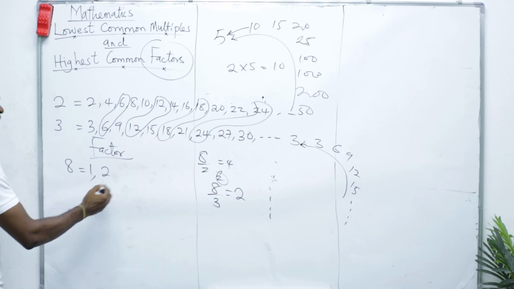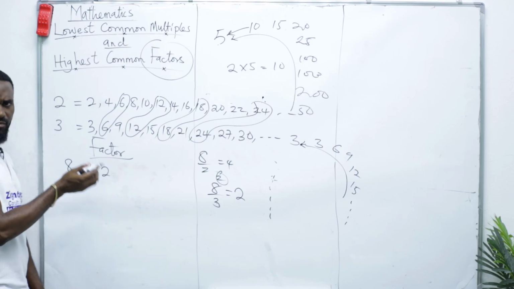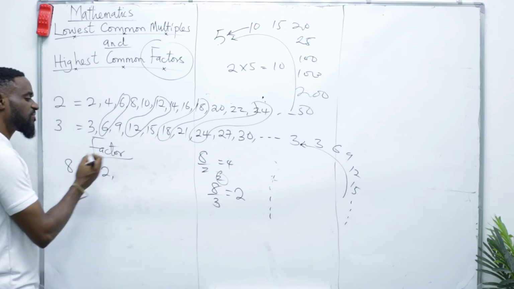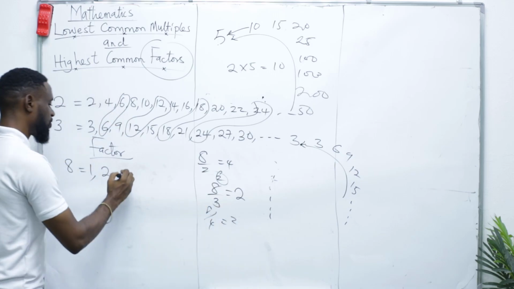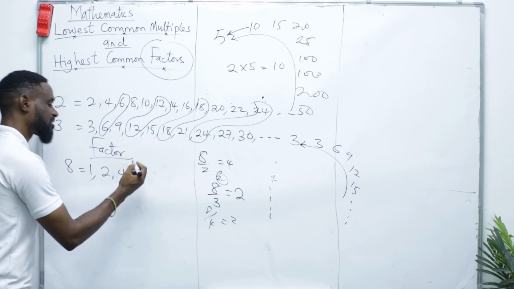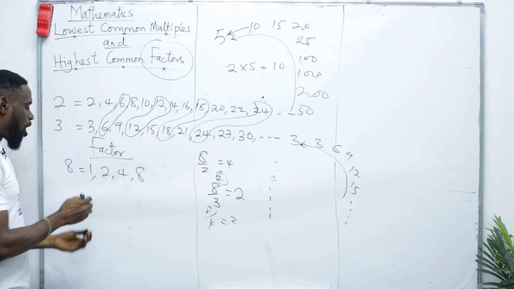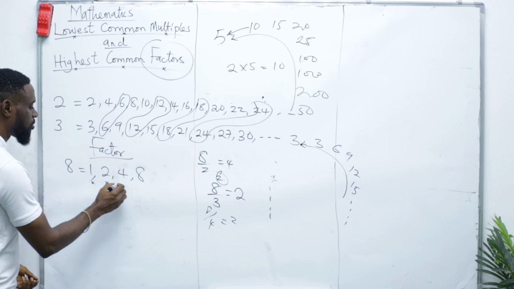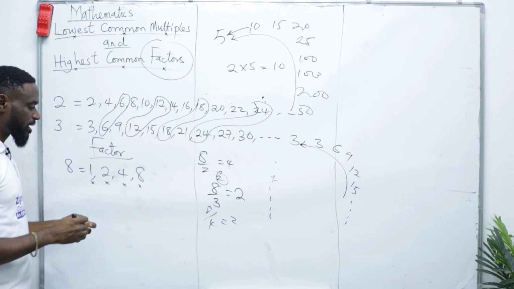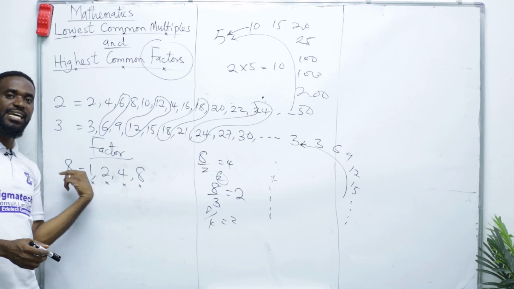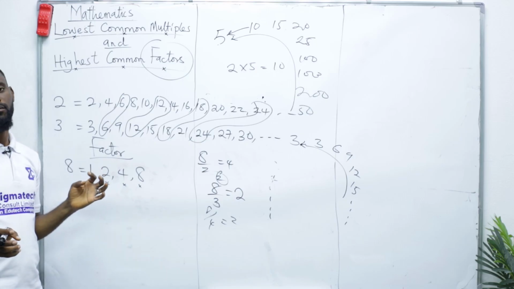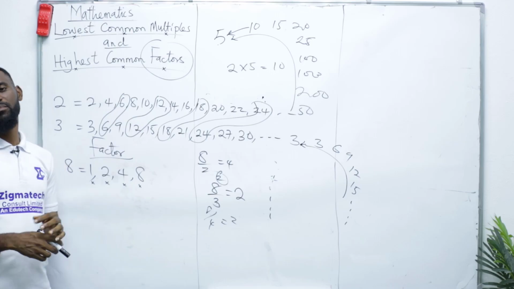So 3 is not a factor of 8 because there is a remainder. 4 is a factor of 8 because 8 divided by 4 is equal to 2. And of course, the next one is 8. So all these, 1, 2, 4, 8, we call them factors of 8 because they can divide 8 without remainder.